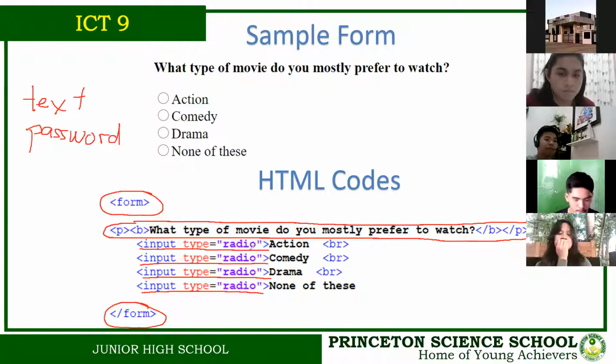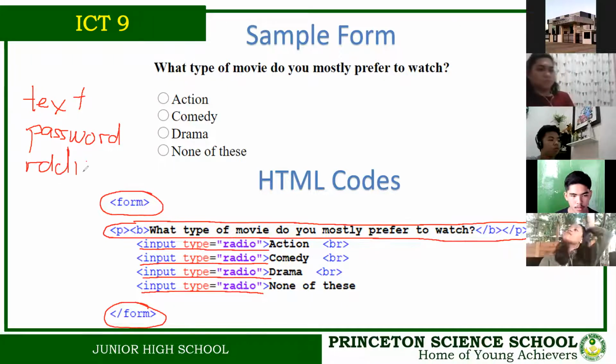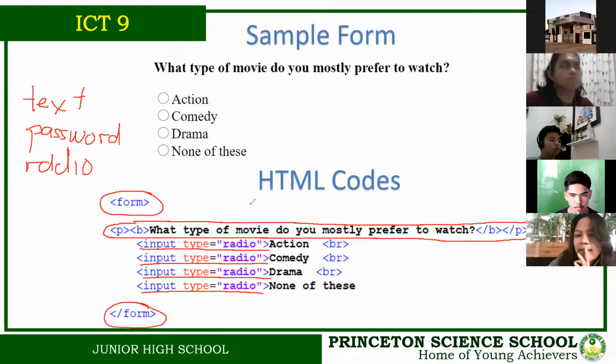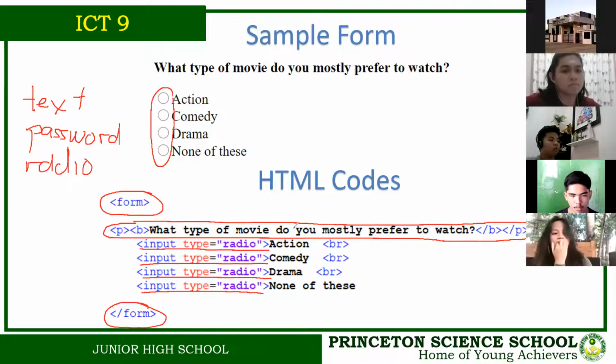But in here, we already added another one, which is radio. If we put radio as the type inside our input tag, it will transform our input into a radio button. And then the name of its option goes at the side.